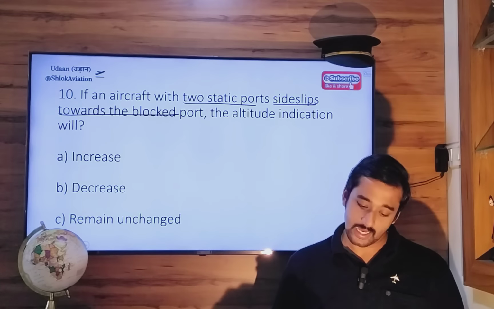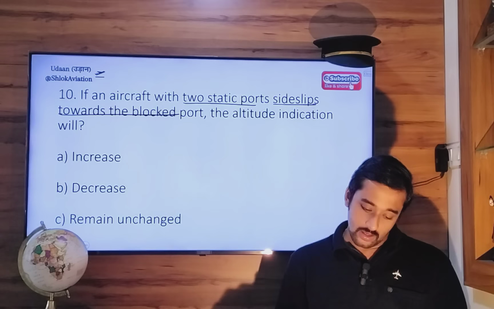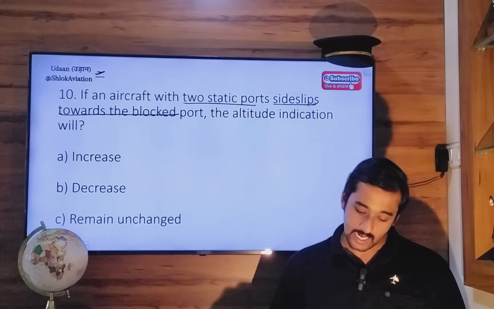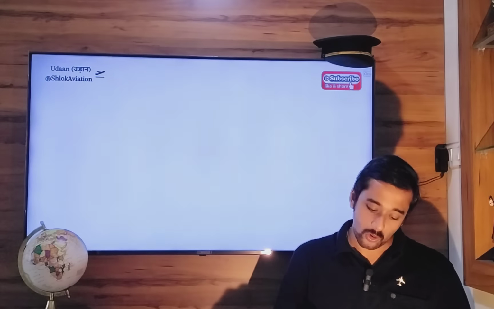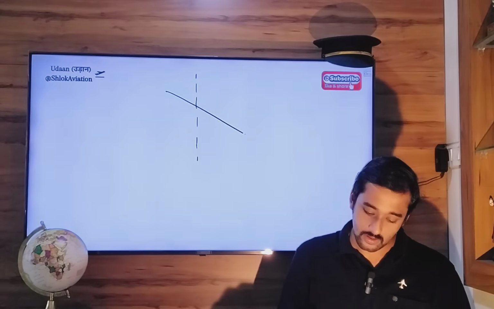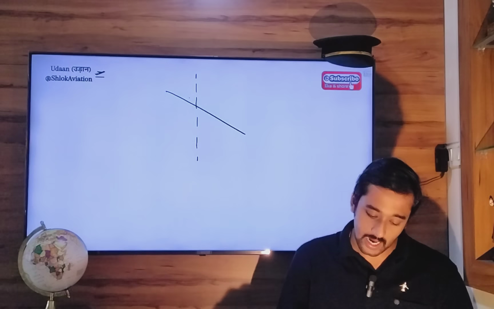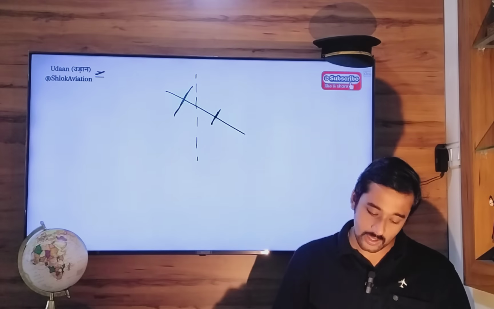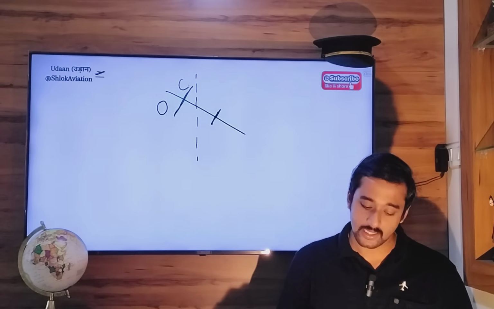So in this particular example, let's say you are side slipping towards the blocked port. So let's say this is your aircraft. It is side slipping towards the right hand side, and it has two static ports, one on the left hand side, another on the right hand side.